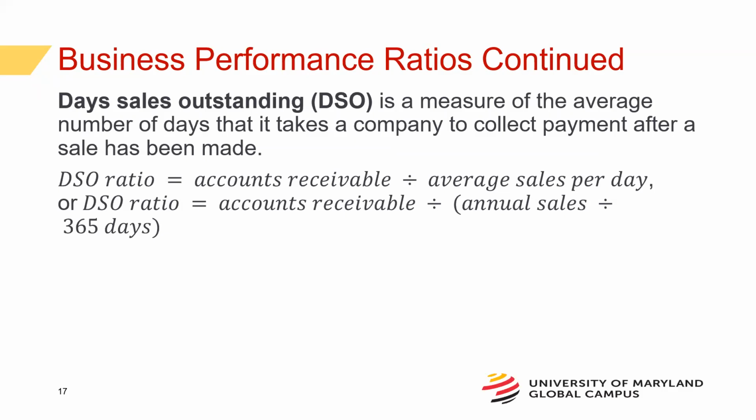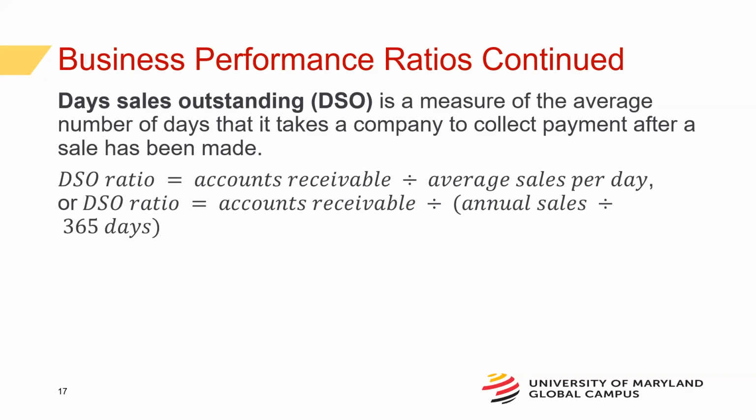To get our average sales per day, we take our annual sales and divide that by 365. To find our annual sales, we look at the top of our income statement. That's our revenue. Our total annual revenue is our annual sales. We divide that by 365 days to get our average sales per day.